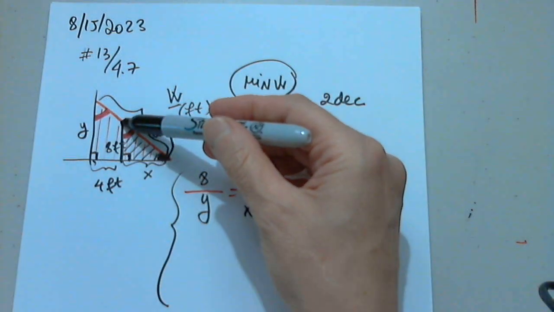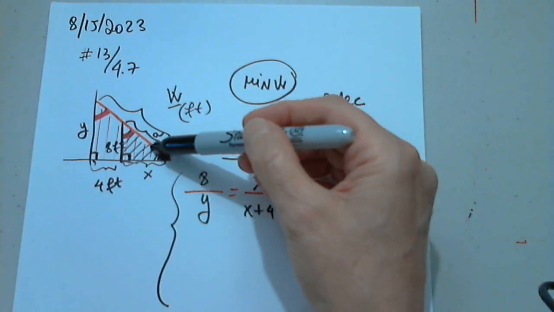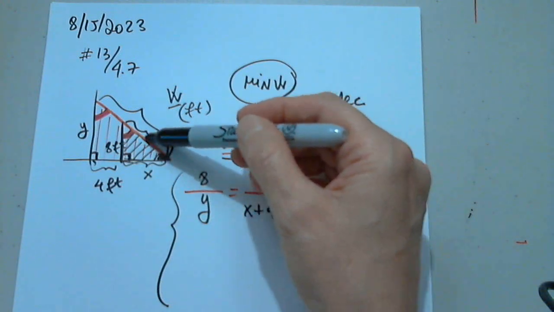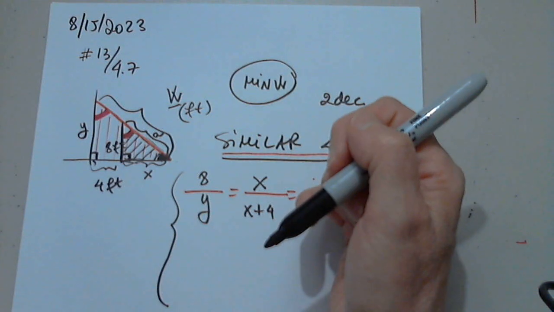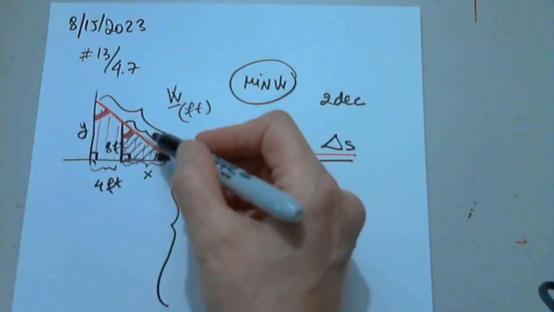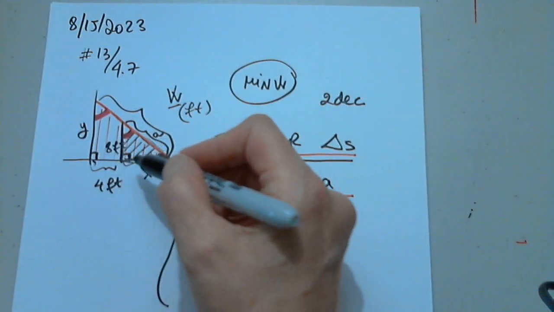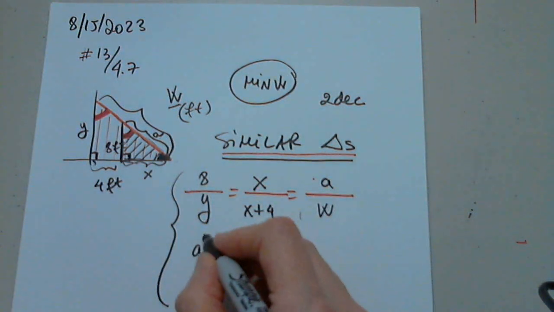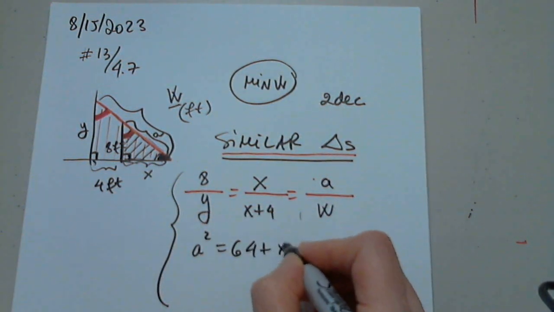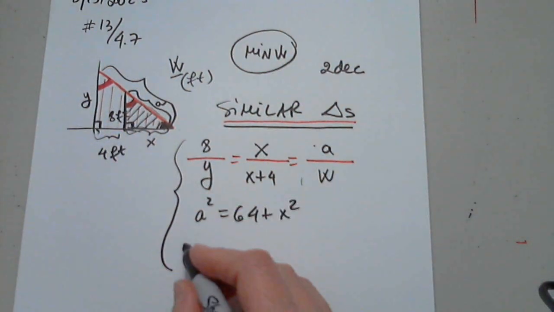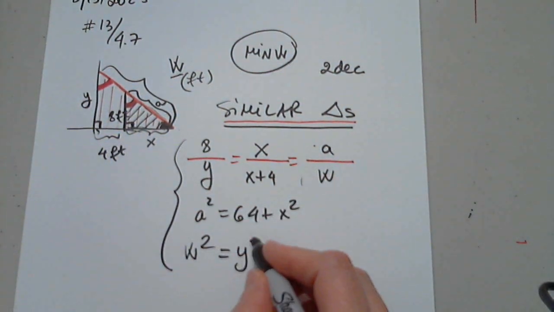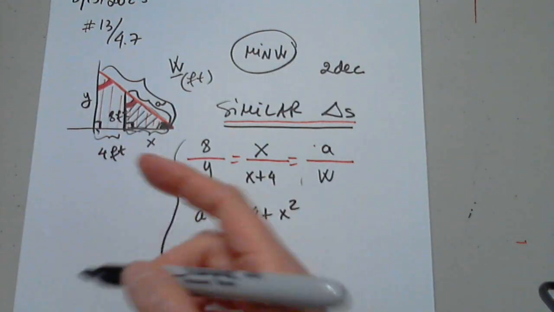The second equation I can write from the small triangle as the Pythagorean theorem: A squared equals 8 squared plus x squared, so A squared equals 64 plus x squared. The same thing from the big triangle: W squared equals y squared plus (x plus 4) squared.